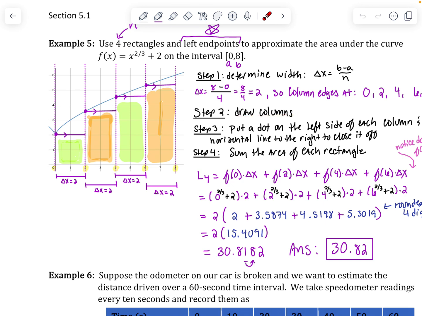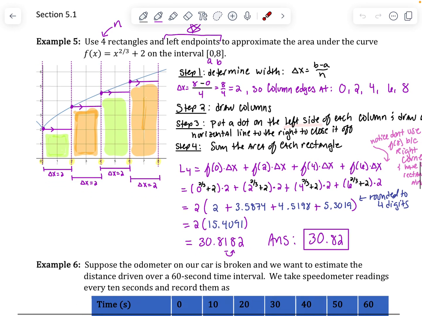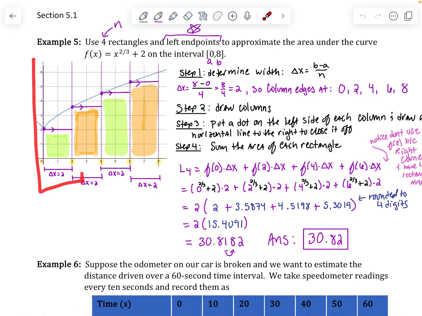Now I didn't know the height of my rectangles, so at first I just focused on the columns. My first rectangle goes between 0 and 2, not 1. Now I'm ready to find the left side by putting a dot on the left side.